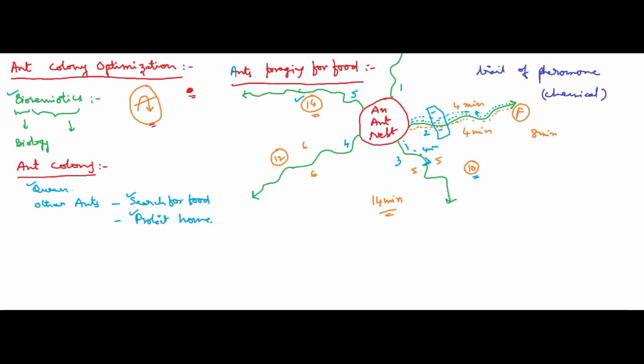So in this way, what will happen? The route will be strengthened with the pheromone. And after some time, maybe after 1 hour or something, there may be 5 more ants. Let me call them A1 to A5. The previous ants are numbers 1, 2, 3, 4, 5.